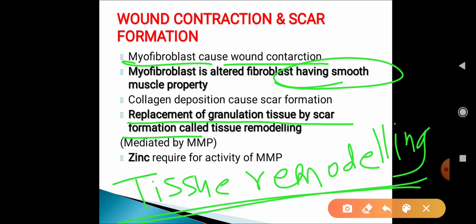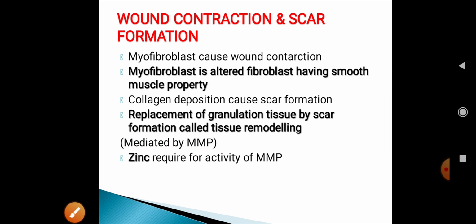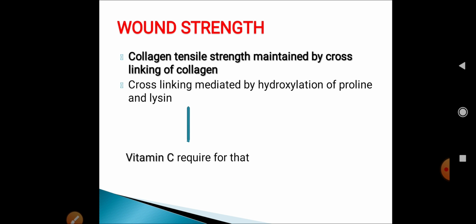It is mediated by matrix metalloproteinase. I will make another video for matrix metalloproteinase, right? You have to remember that zinc is required for the activity of matrix metalloproteinase. So zinc is needed for wound contraction, right?